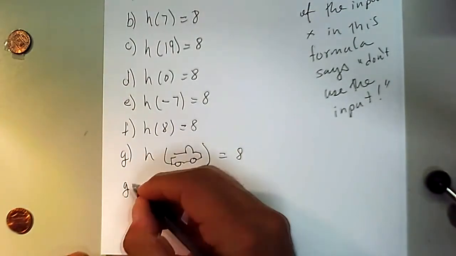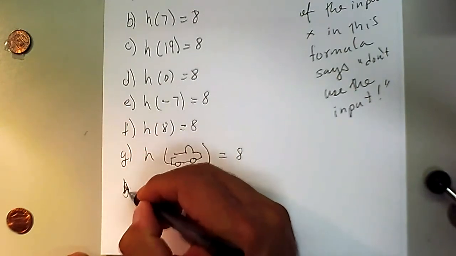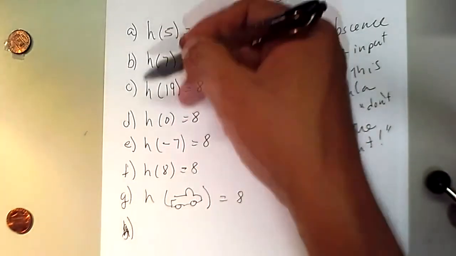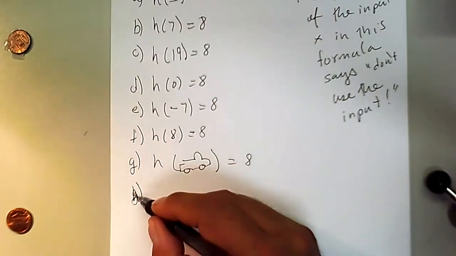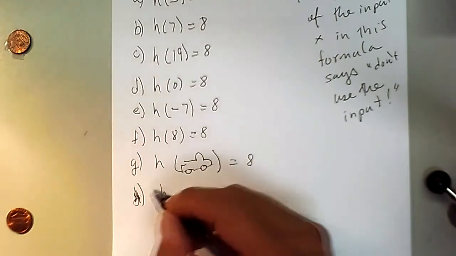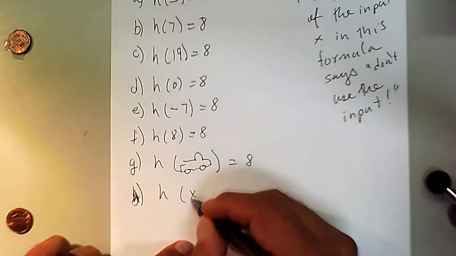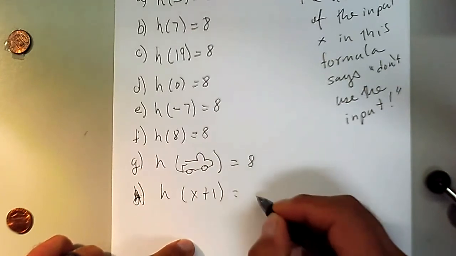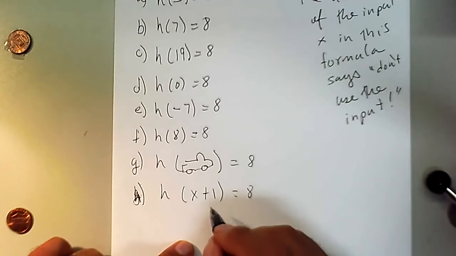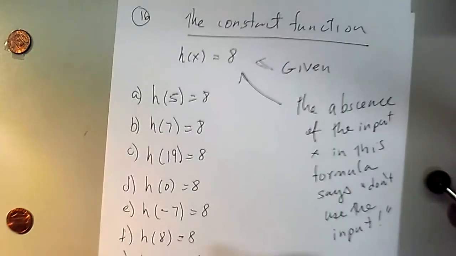So that's kind of weird. I'm using the letter h because I'm going down the alphabet, but that h has nothing to do with this h. Those are two different h's, even though that was just a coincidence. But h of x plus 1 is 8, don't use the input. Literally, that's what it says. It's implicit.